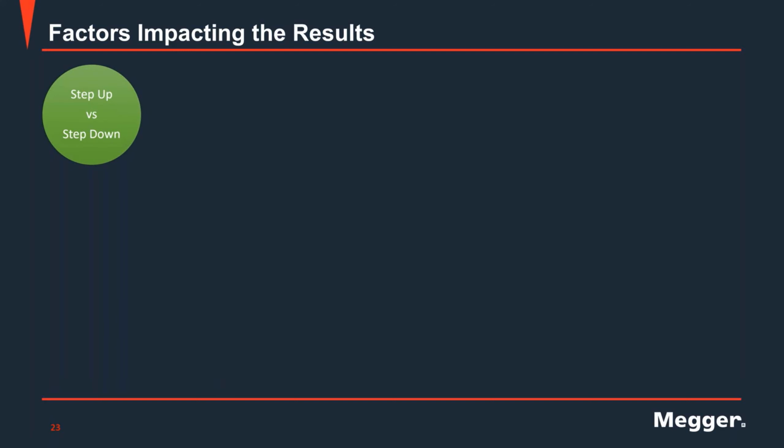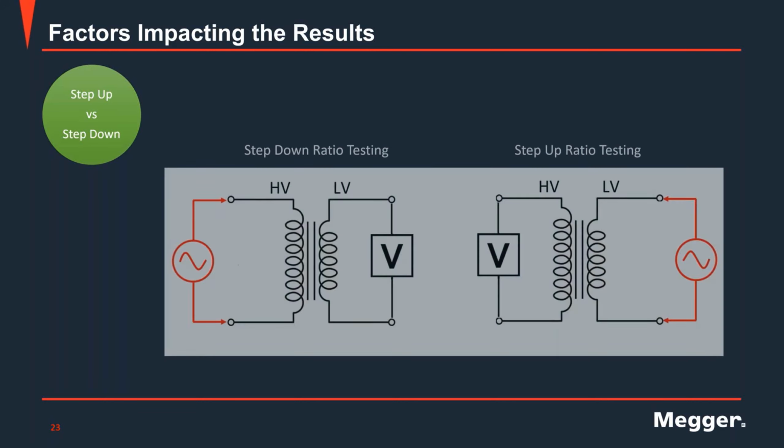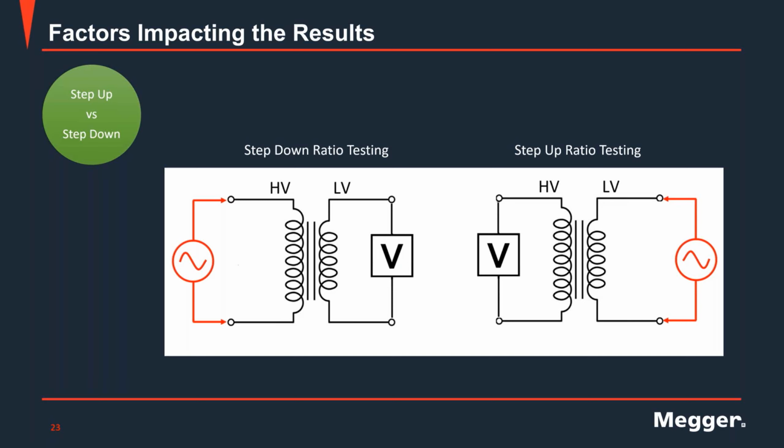Then we look at step up versus step down. As I already mentioned, the typical traditional way to perform TTR is step down. Many reasons. The main one I would argue is safety, right? As a test instrument manufacturer, you obviously spec your instrument for a certain range of ratios, but that range is typically wide.